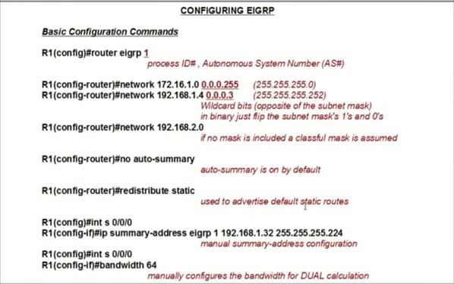This will advertise default routes or static routes to other routers in the EIGRP AS, so autonomous system, or all the EIGRP routers that have the same process ID. This is useful if you have a default route to like a 0.0.0.0 network with a 0.0.0.0 subnet mask, and you want to send out that static route and let other EIGRP routers learn about it. Then you'd use this redistribute static command.